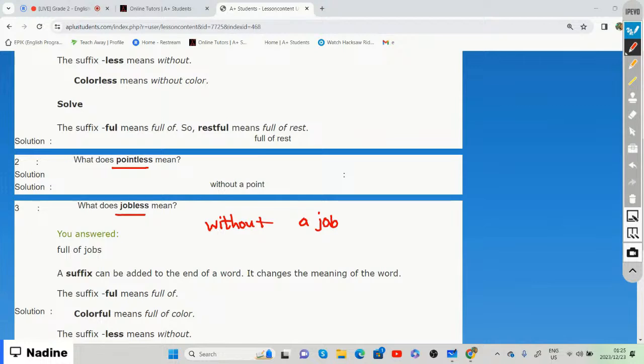They have no work. That is basically what jobless means. Because remember, if you have a job, then it means that you have work, or you go to work. But if you are jobless, then it means that you cannot go to work. You do not have a job. You don't have work.